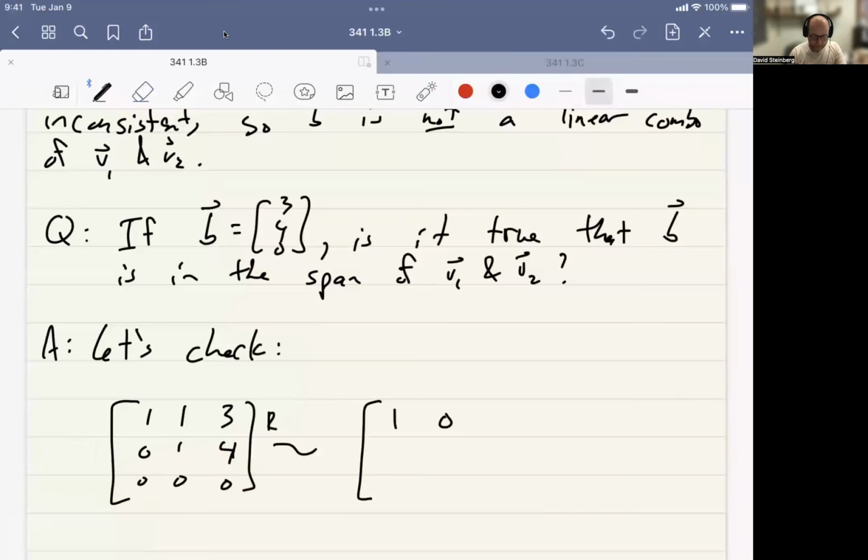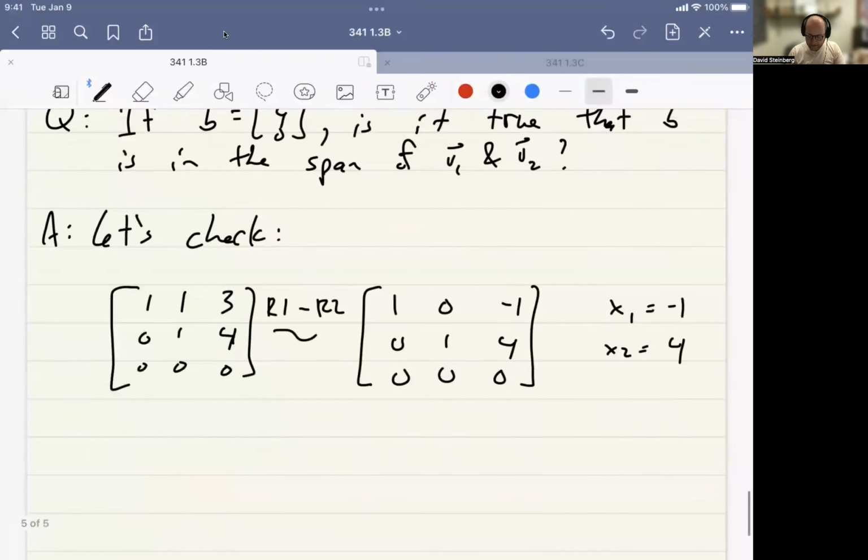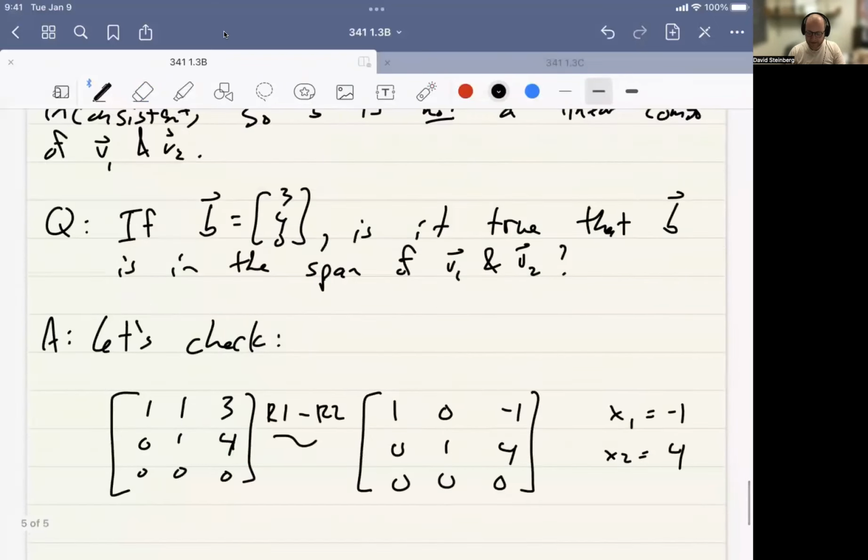We actually want row 1 minus row 2, to get 1, 0, negative 1, 0, 1, 4, 0, 0, 0. So this is telling us x1 is negative 1 and x2 is 4. Okay, so certainly we have a solution. So B is a linear combination, and this is even telling us what values of x to use to make B a linear combination of v1 and v2.